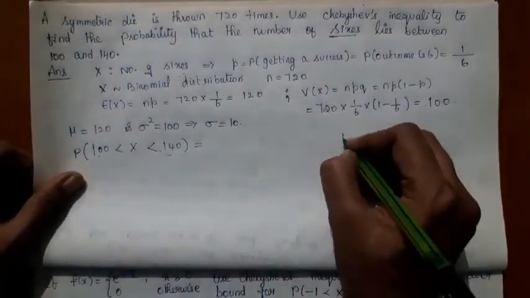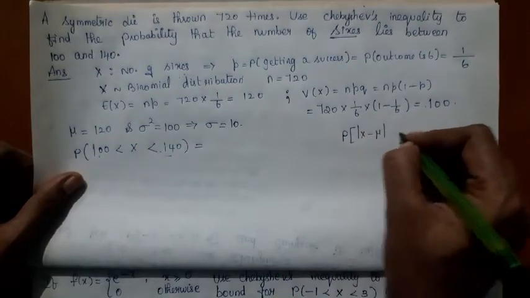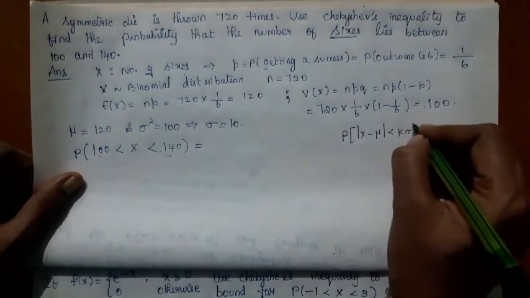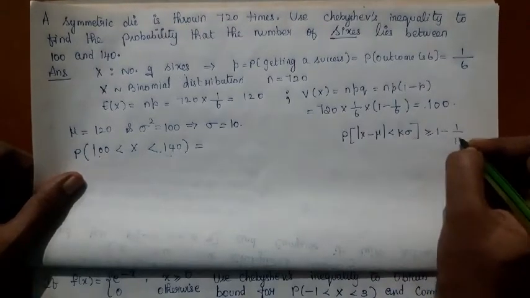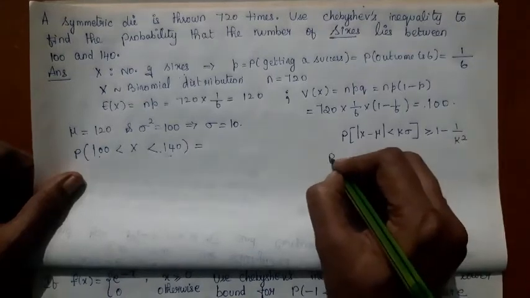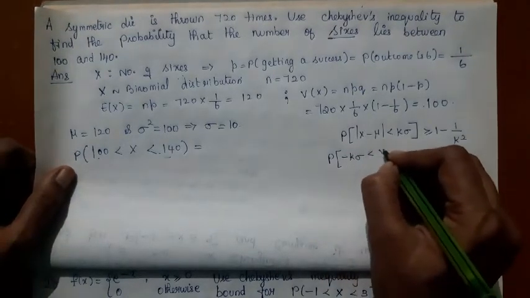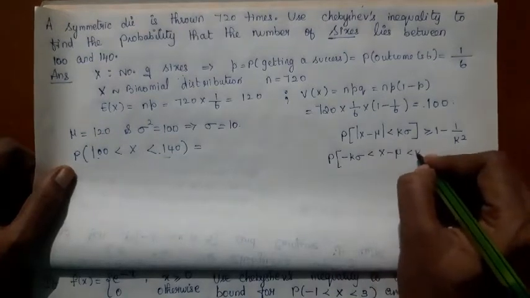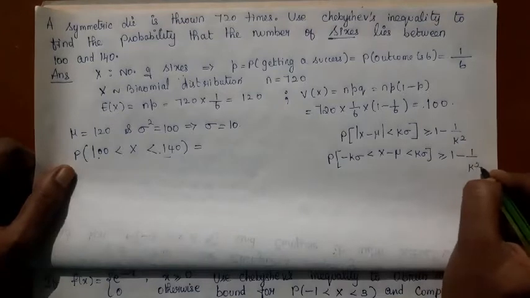Now the second inequality says probability of modulus x minus mu less than k sigma is greater than or equal to 1 minus 1 by k square. That is, probability of minus k sigma less than x minus mu less than plus k sigma is greater than or equal to 1 minus 1 by k square.